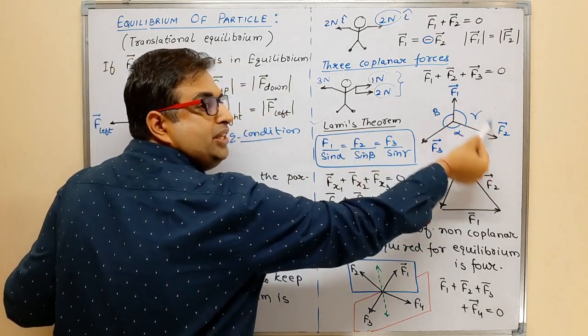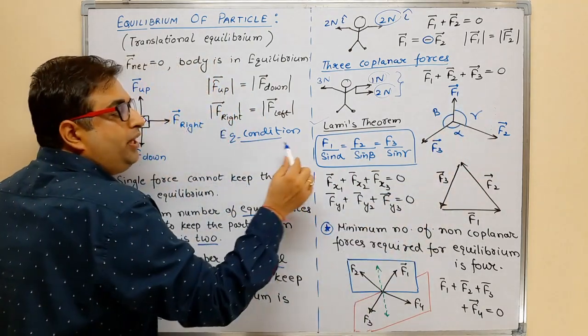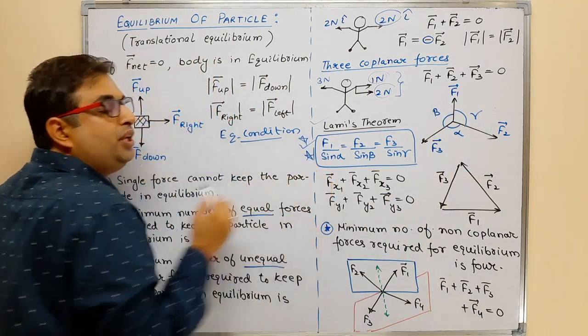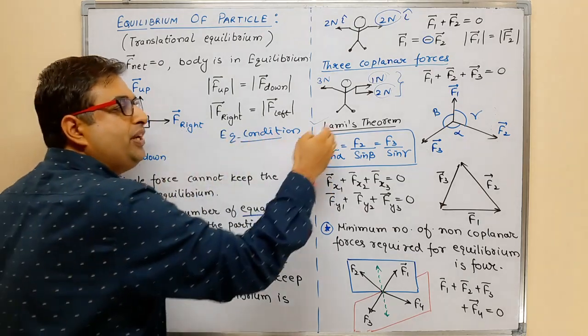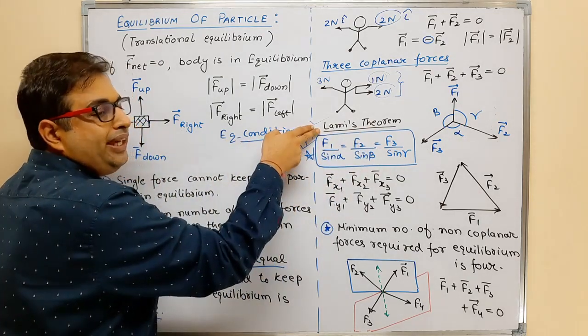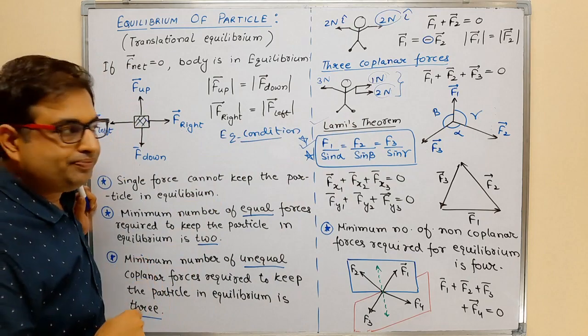Opposite angle means angle between these two, gamma. So we can use this condition to find out the value of F1, F2 or F3 if equilibrium condition is given to you.